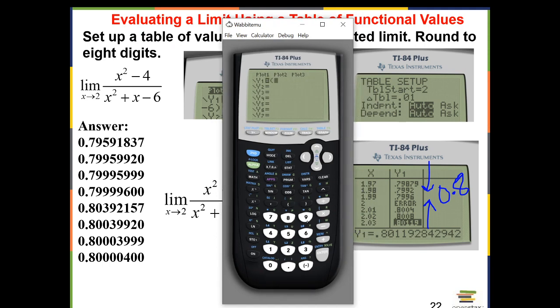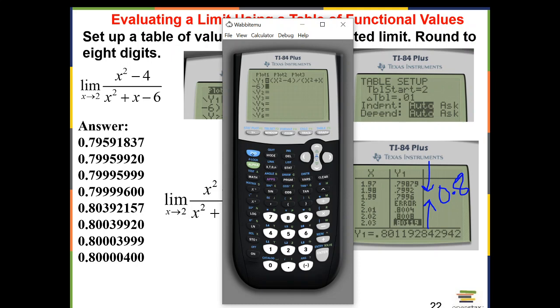So it's x squared minus 4 divided by x squared plus x minus 6.